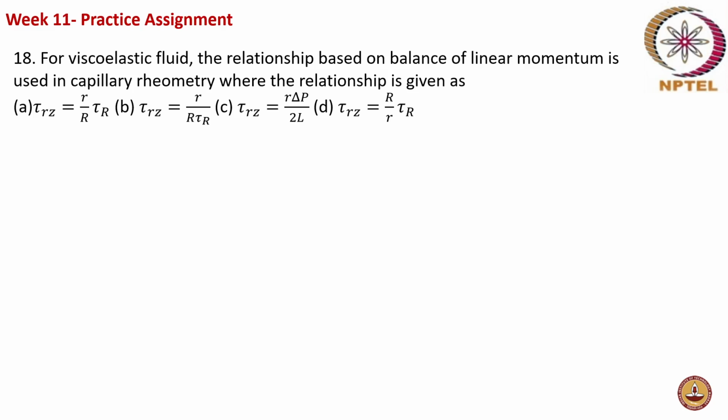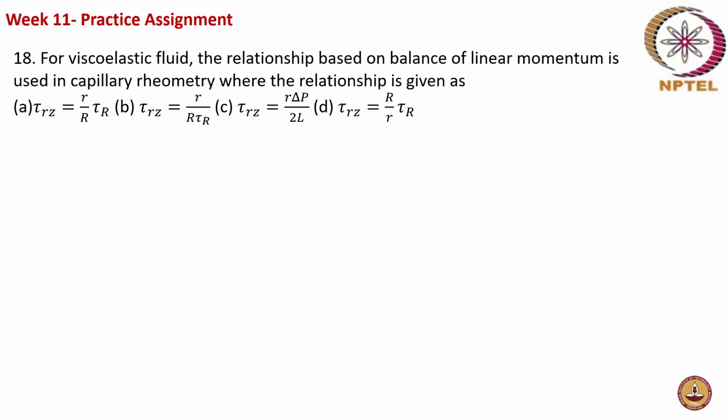For a viscoelastic fluid, the relation based on balance of linear momentum is used in capillary rheometer, where the relationship is given as, is it given as tau r z is equal to small r by capital R into tau R, or is it tau r z is equal to R into delta P by 2L, or is it tau r z is equal to capital R by small r into tau R?